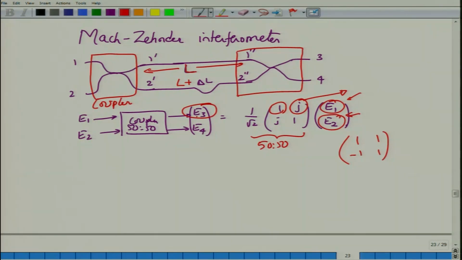We know how to describe E3 and E4 in terms of E1 and E2. If you turn this around, then you are describing E1 and E2 in terms of E3 and E4. There is a lot of confusion out there, I am sorry. So, this is output, this is input, but if you turn the matrix around, invert the matrix, you will interchange the roles of input and output as well.